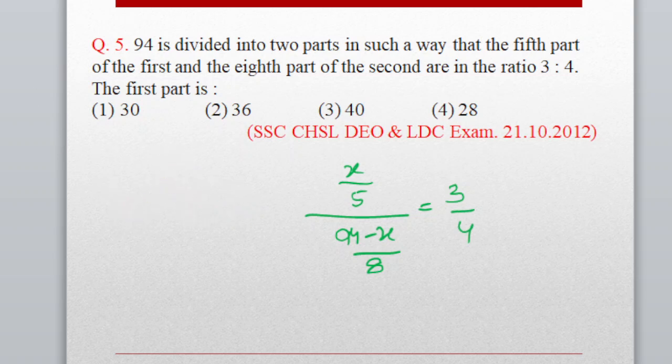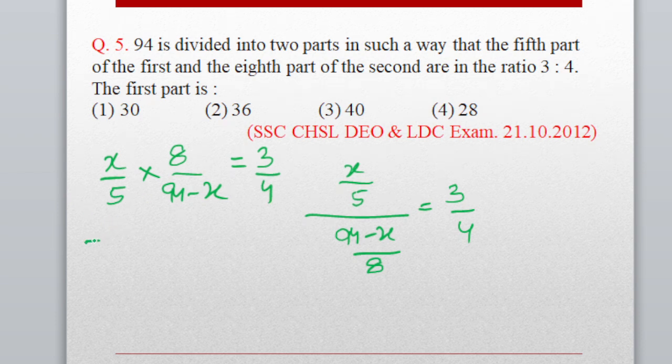Now here, after solving, we are getting x by 5 into 8 by 94 minus x, so that is equal to 3 by 4.